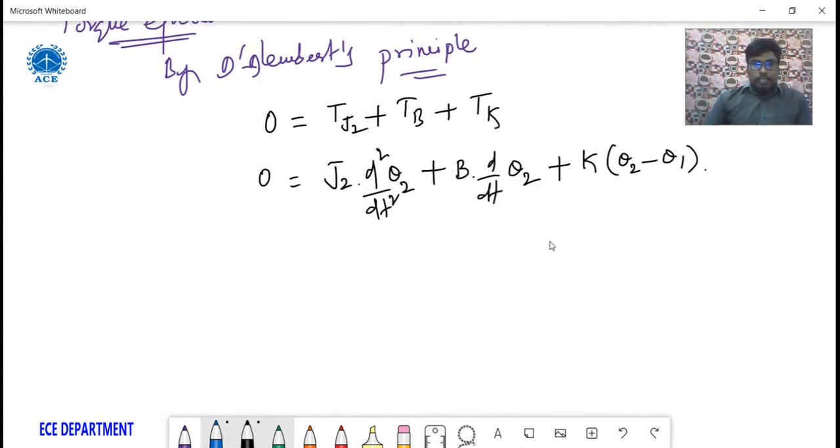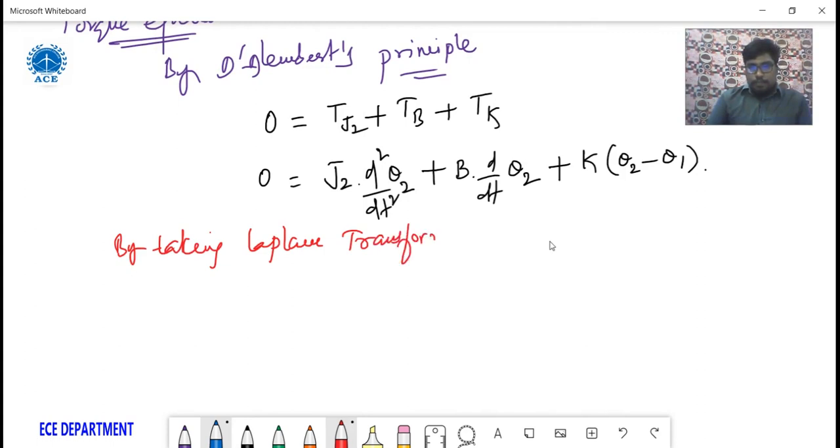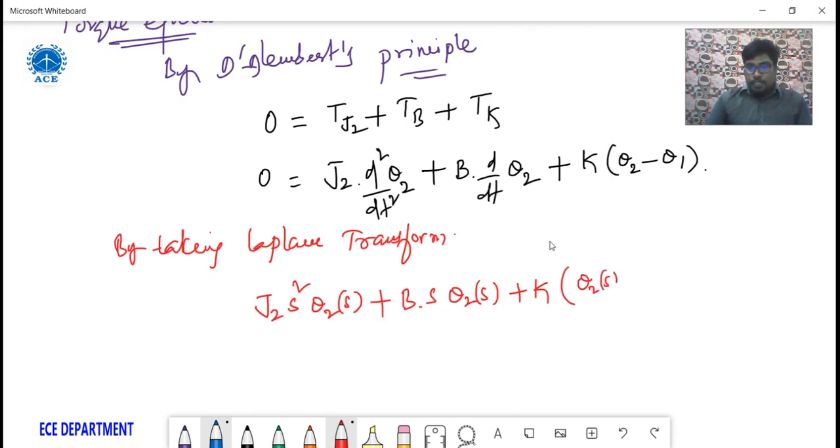Now I would like to take the Laplace transform here. This will be J2 s square theta 2 of s plus B into s theta 2 of s plus K into theta 2 of s minus theta 1 of s, which is equal to 0.